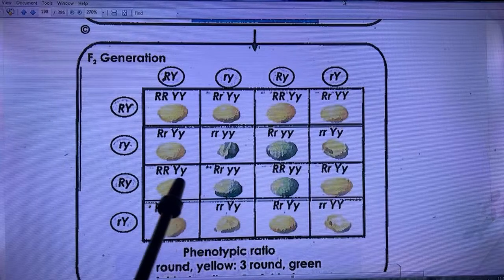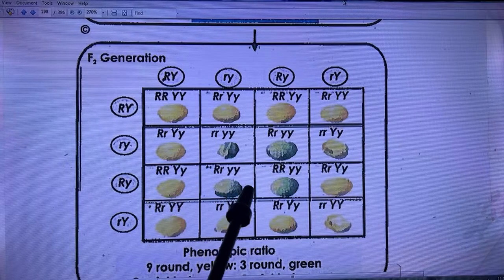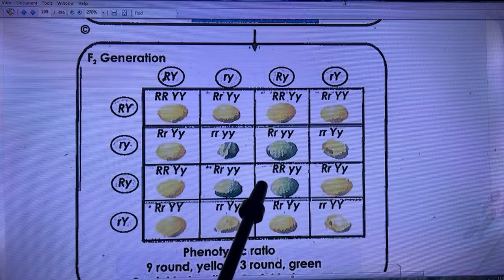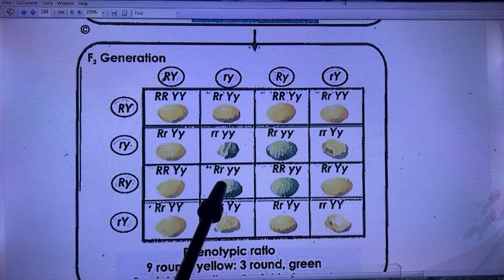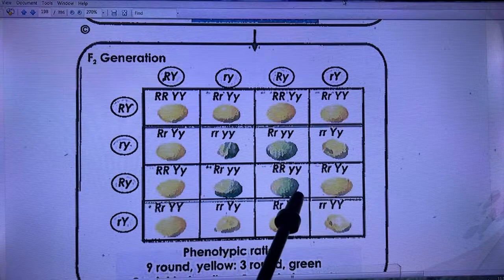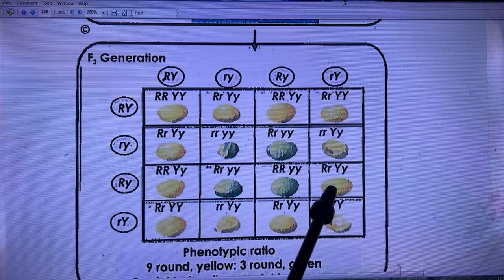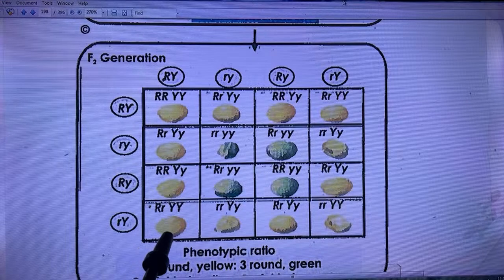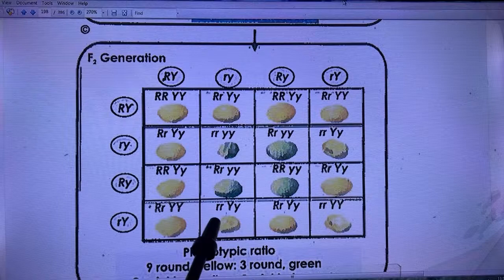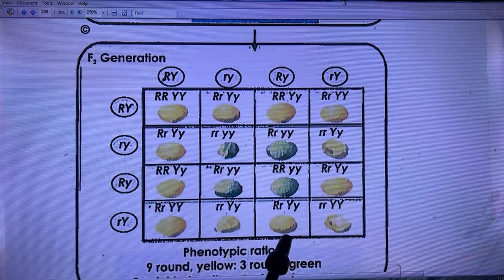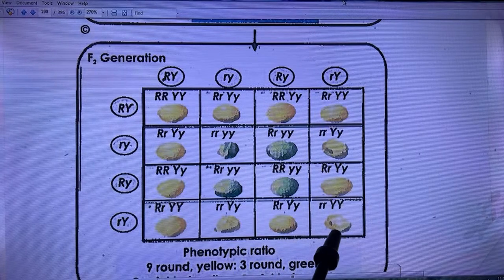Round yellow, dominant character. This is round green because there is one dominant character, capital R. Round yellow, dominant character. Wrinkled yellow, recessive character because there are two small r's. Round yellow, dominant character. Wrinkled yellow, recessive character.